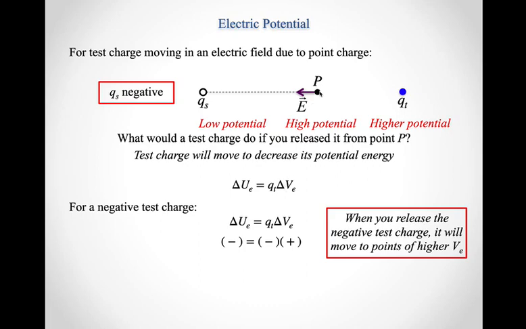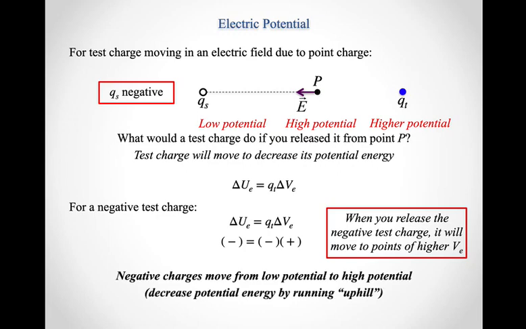So if P was higher than where my positive charge ended up, where my negative charge ended up is going to have an even higher potential than what it was at point P. This means that negative charges move from low potential to high potential. They decrease their potential energy by running uphill.